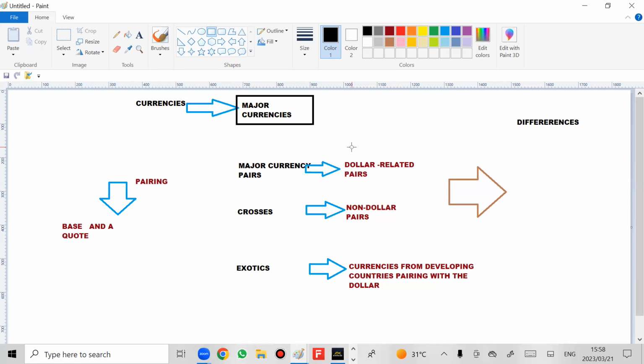Number one, they are more liquid, so you can easily make good money trading them. Number two, they don't charge too much because their spreads are tight.